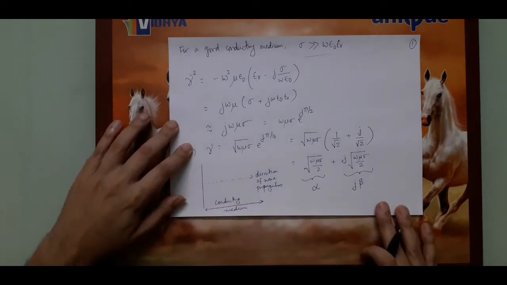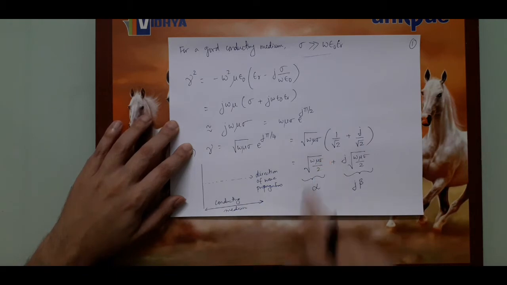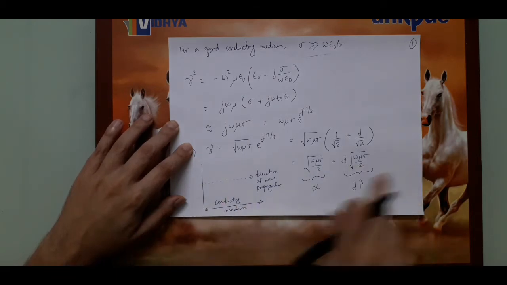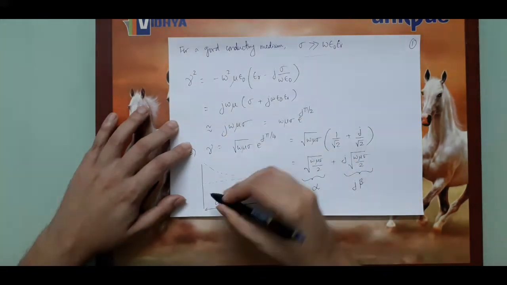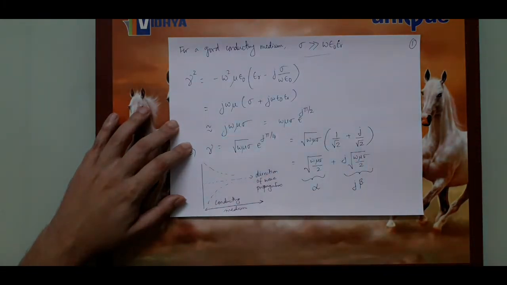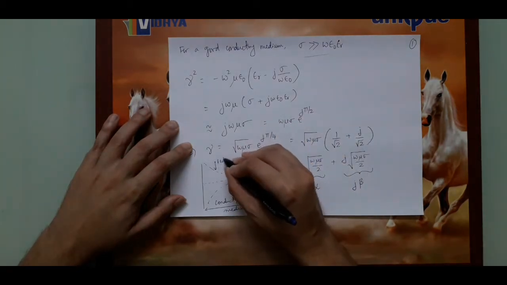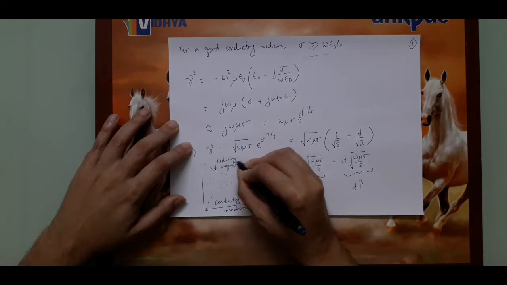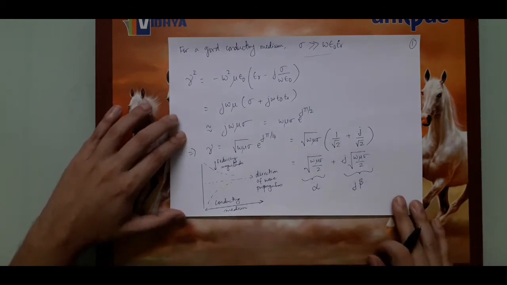Now something tells me that since the alpha is non-zero, in fact it is a significant quantity, the magnitude of the wave will die down as it keeps propagating inside. Somewhat similar to what we had defined for the transmission line, the magnitude will reduce as we move inside the medium more and more.